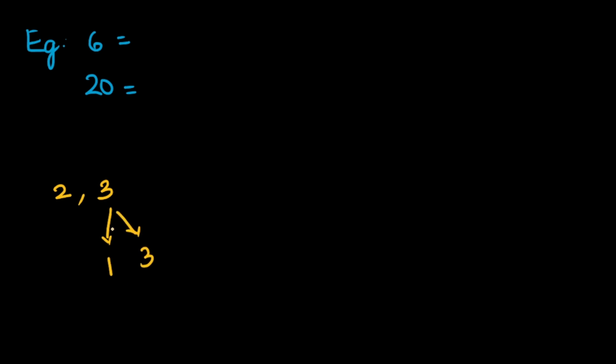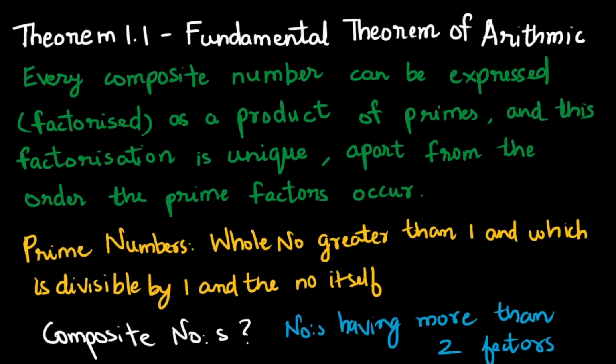These are the factors of 3, right? For 2 also the same. So prime numbers are basically nothing but numbers that only have two factors, that is the number itself and 1. So that is what prime numbers are. So what about composite numbers? The numbers which are not prime are composite numbers in simple language. But if you want a proper definition, it simply means numbers having more than two factors.